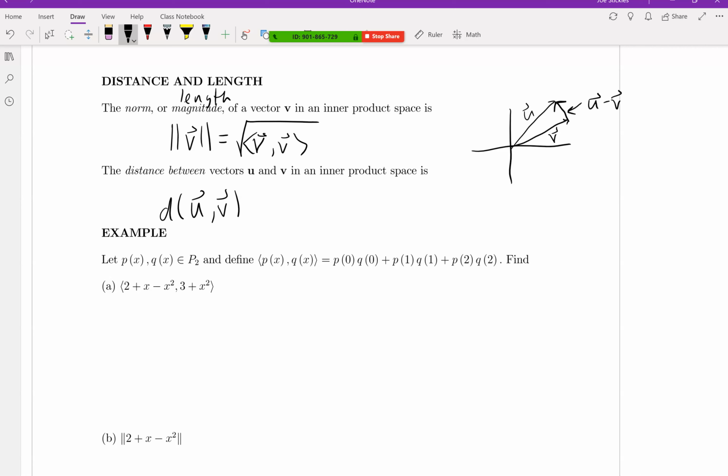In some sense, it makes sense to talk about the distance between the vectors as being the distance between the endpoints. That's going to be the length of this vector. So that's where the distance definition comes from. It's an extension of that idea from Euclidean space. We're going to take the magnitude or the norm of the difference between the two things.